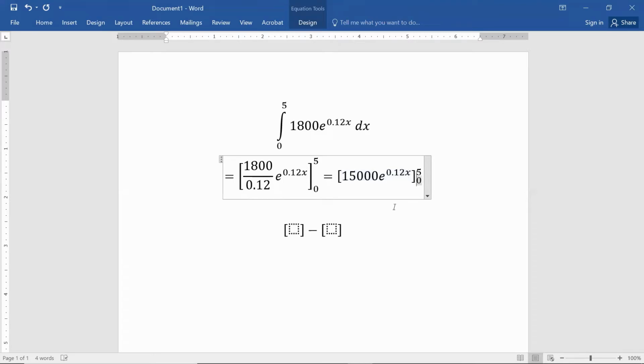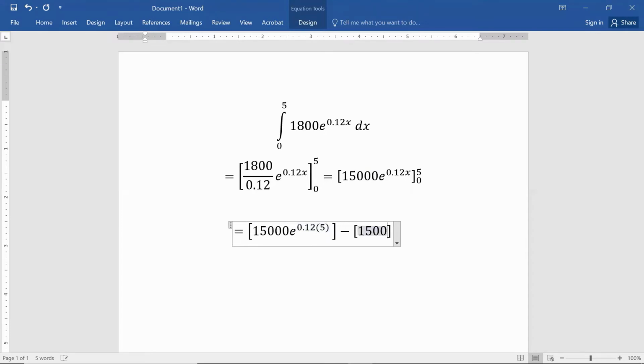So we're going to take 15,000 e to the 0.12x. I'm going to plug in 5 and I'm going to plug in 0. The top value I plug in first, e to the 0.12 times 5, or put that in parentheses.